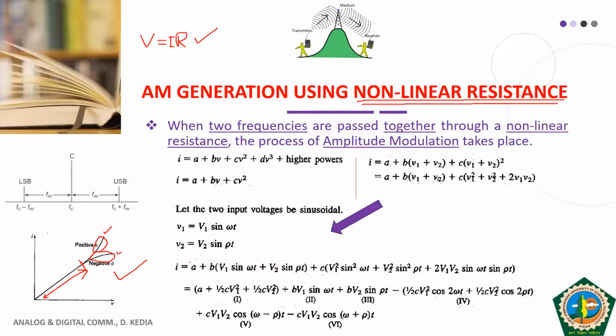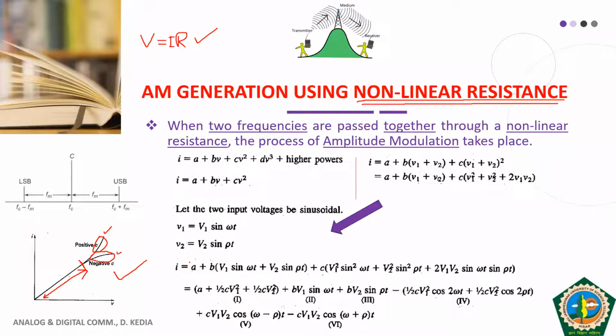If you remember, in our analog electronics, whether we have diodes or transistors, the kind of non-linearity curve we have, you already know. You also know the difference between linearity and non-linearity.